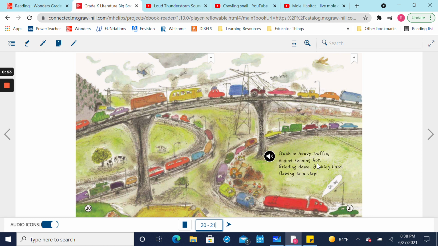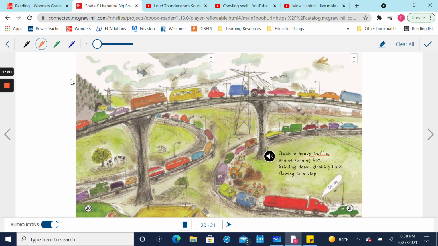Now when I think about the words that I just read, heavy traffic, it's really confusing to me because you can't weigh traffic. You can't take traffic and put it on a scale. So I have to look at the pictures to try to figure out what heavy traffic means.